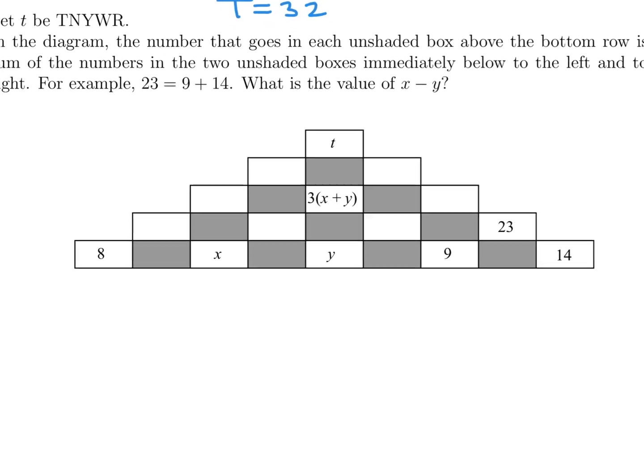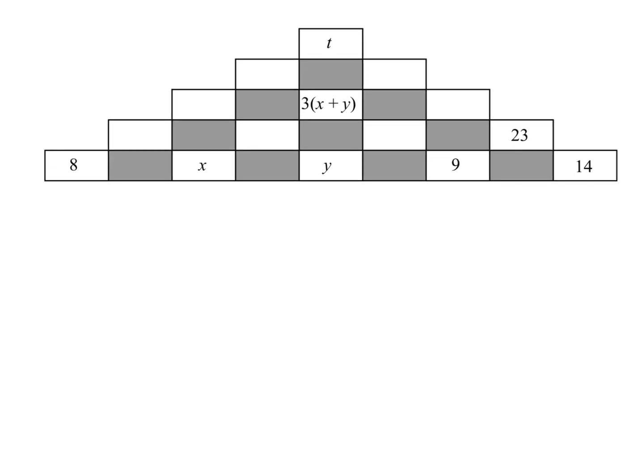Well, I guess we have to place all these in. So this is y plus 9. This is x plus y, and so on. This is 8 plus x. And then this box would be the sum of this and this. So that's going to be 8 plus 2x plus y.